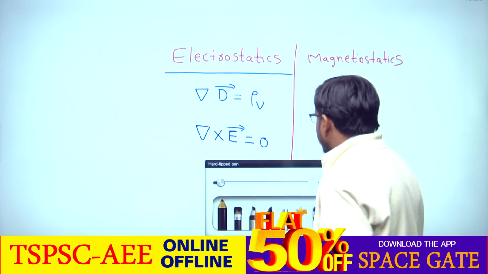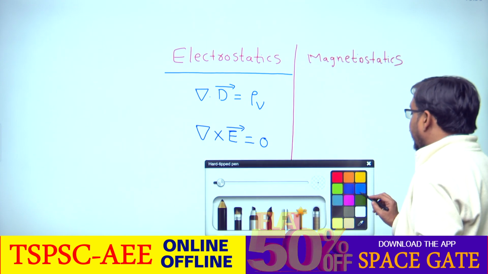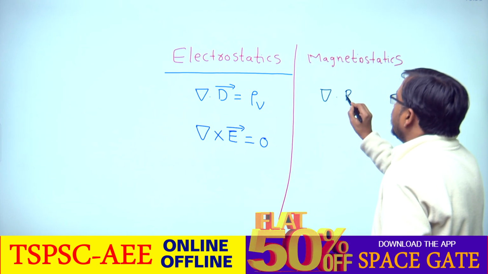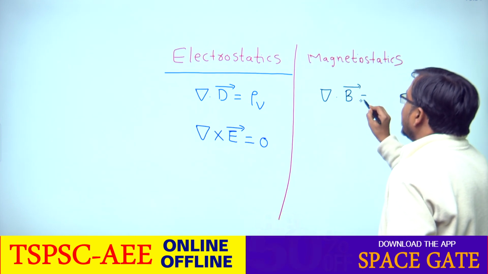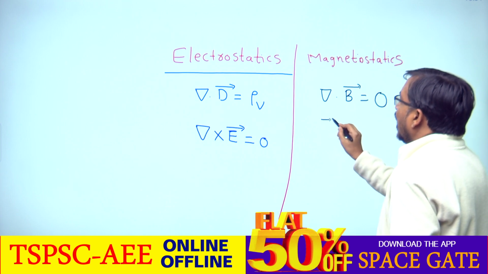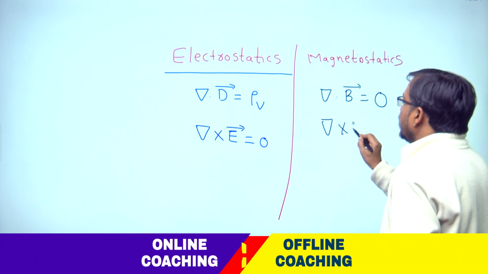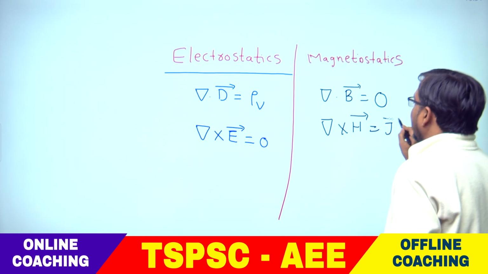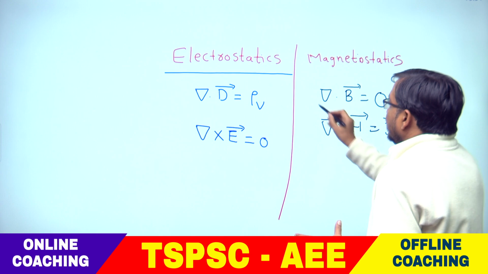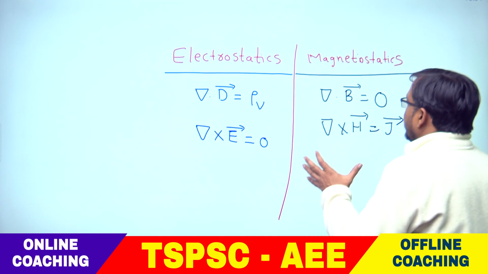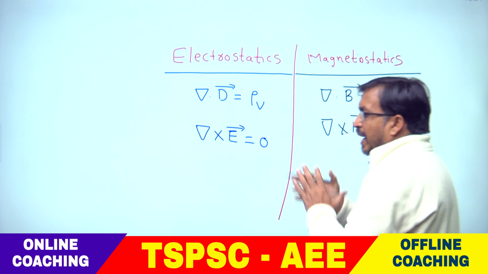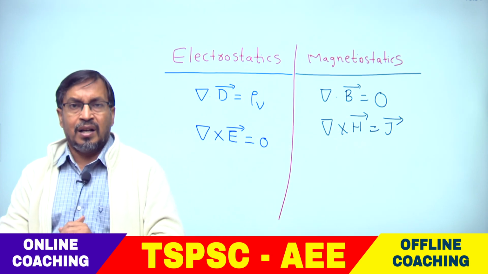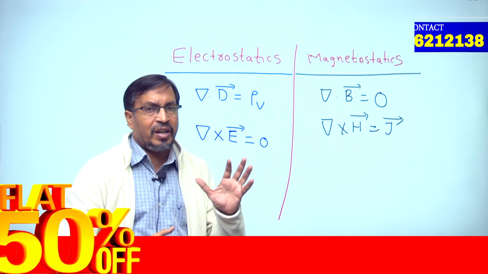Similarly, in magnetostatics, divergence of B equals 0, and curl H equals J. Students, these two are Maxwell's equations in magnetostatics, and these two are Maxwell's equations in electrostatics. Totally there are 4 equations, and these 4 equations are in differential form.